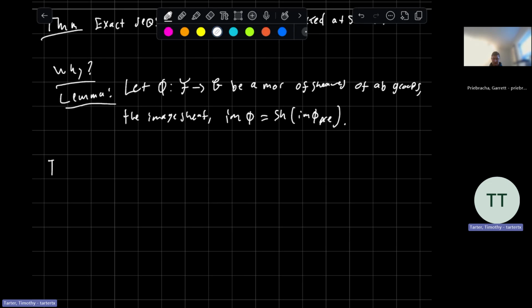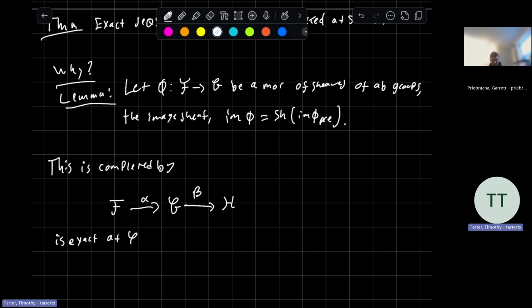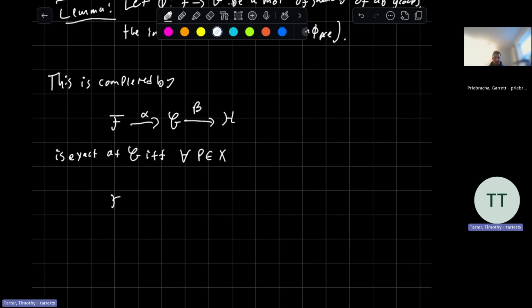This is completed by: F, alpha, to G, beta, to H is exact at G if and only if for all P in X, F_P to G_P to H_P is exact.